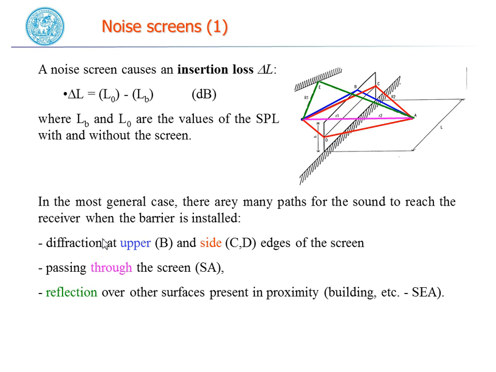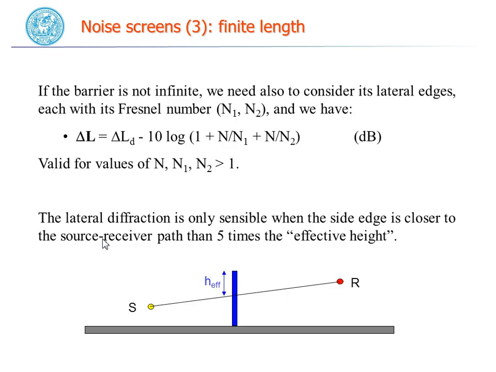If the screen is longer than 5 times the effective height, the side paths can be neglected. And you can simply use the formula we have seen before that gives you directly the attenuation of your screen.